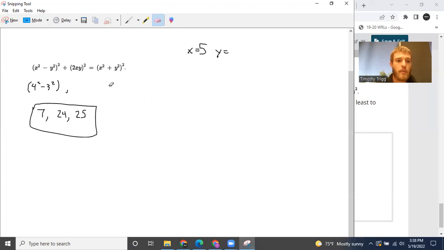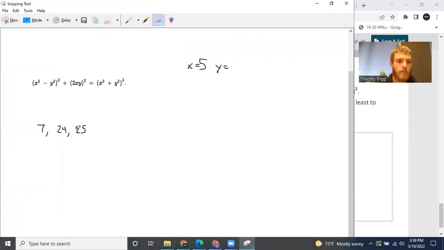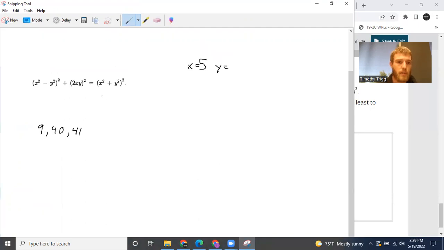But we know our 3 side lengths are 9, 40, and 41.